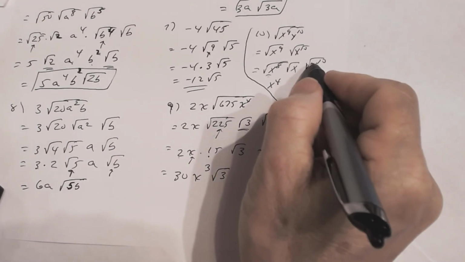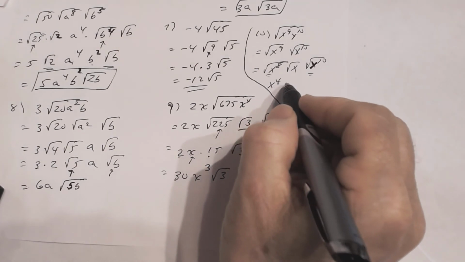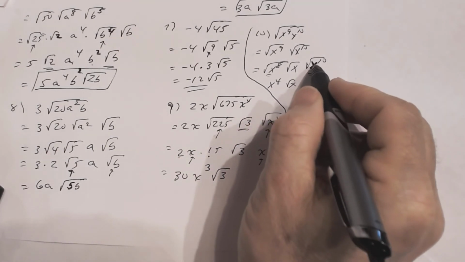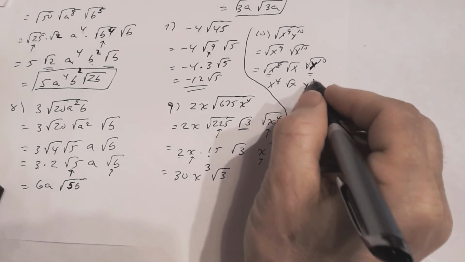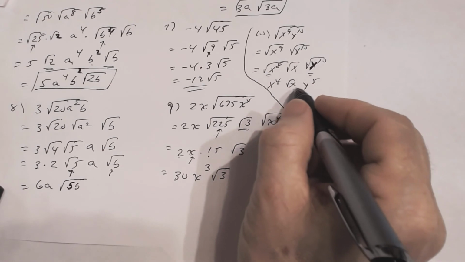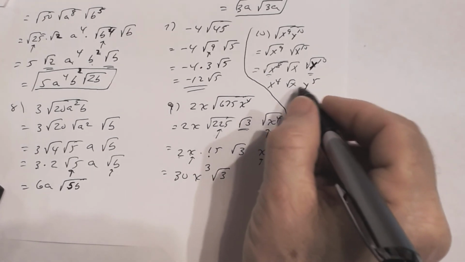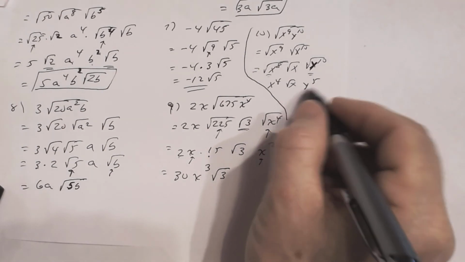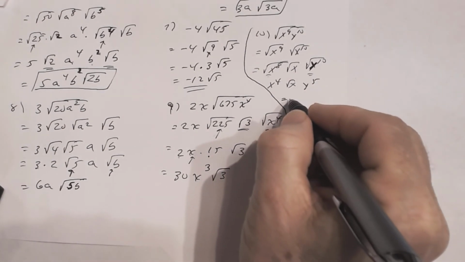Oh, that's supposed to be y, right? I'm sorry. That's supposed to be y right here. And this square root of x, and then this right here, the square root of y to the 10th is y to the 5th. And so therefore the answer, always put the square root at the end so you don't mess up. Because if you put something else behind it, it may look like it's under the square root and you may lose some points.